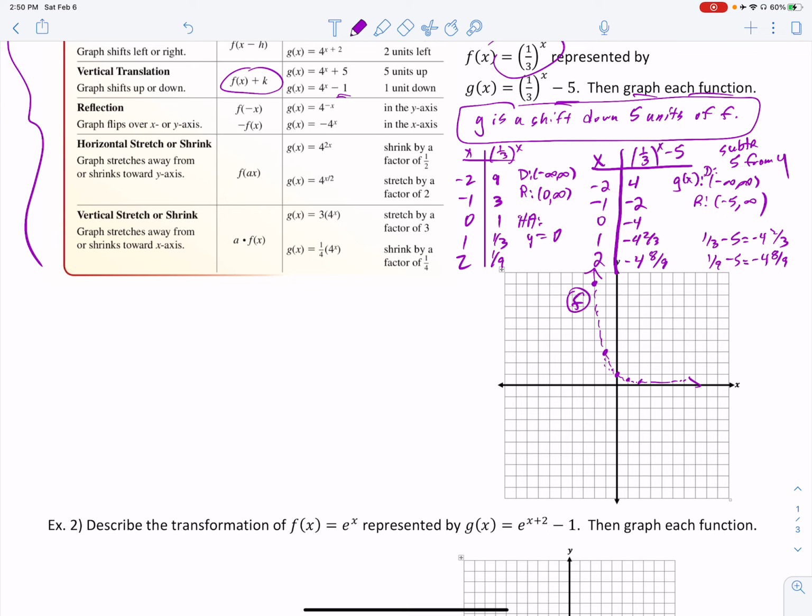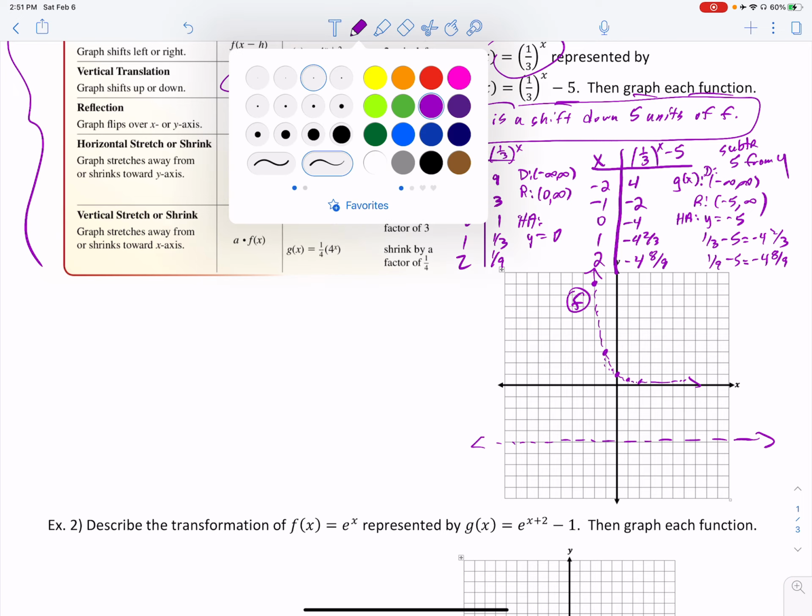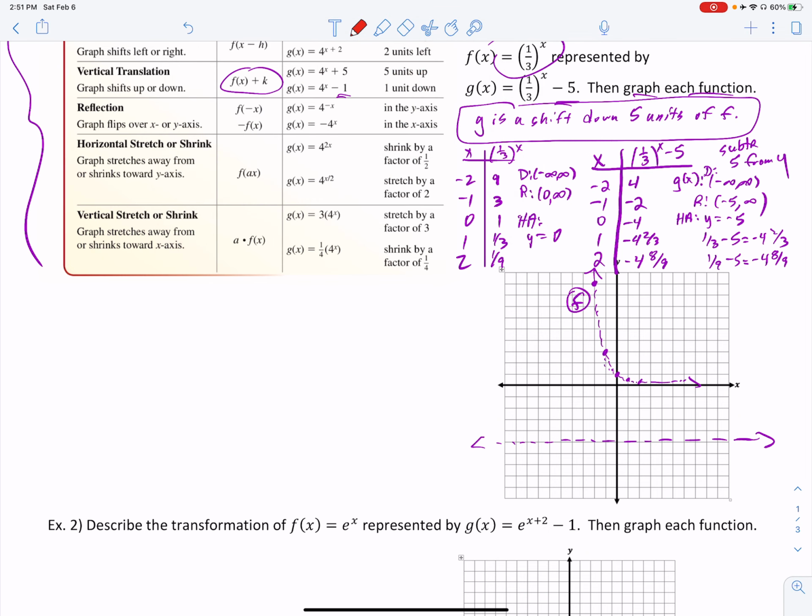And then I'm going to drop in 1, 2, 3, 4, 5. I'm going to now have a horizontal asymptote for g at y equals -5. And then at -2, I am at 4. And maybe I'll just do this in a different color. At -1, I'm at -2.